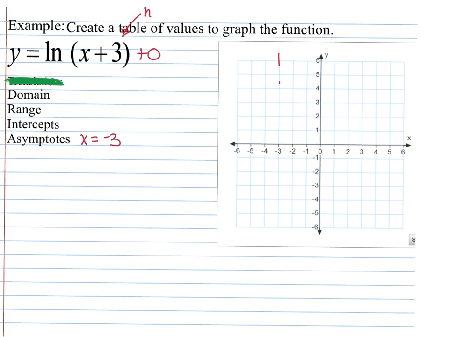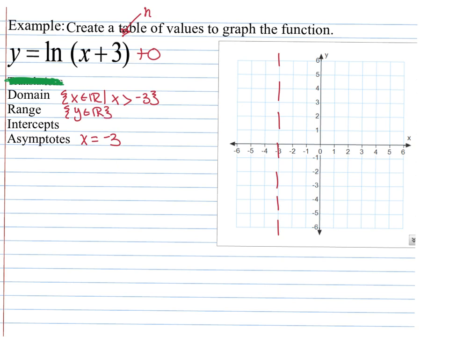So we have an asymptote here. And then my domain, x is in the reals, such that x is going to be greater than -3. All my values are going to be greater than -3 because I'm going to be on the right side of that vertical asymptote. My range is going to be all real numbers.